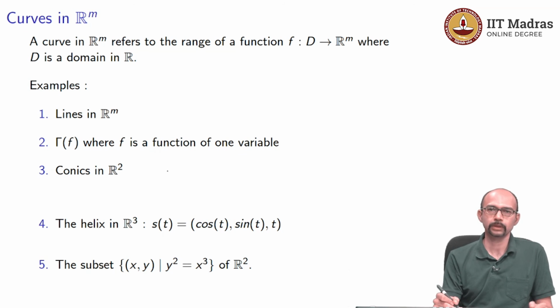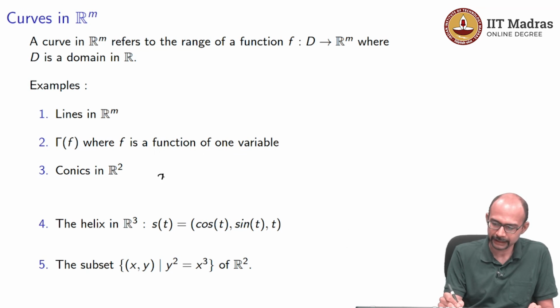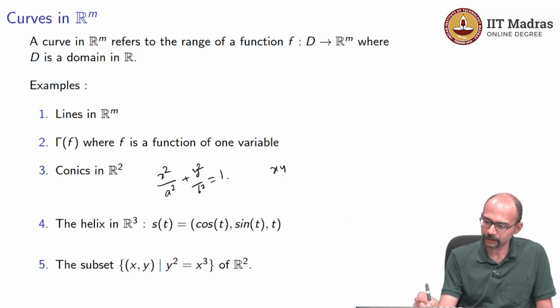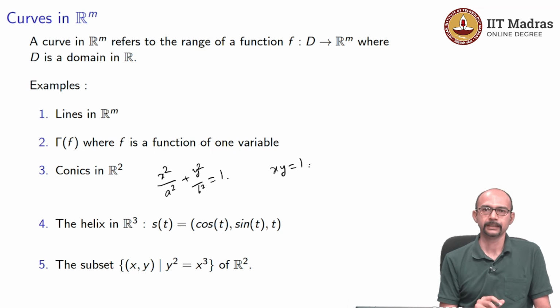So, conics in R2, let us give a couple of examples of that. So, one example is x squared by a squared plus y squared by b squared is 1. So, the ellipse, and a special case is when a is equal to b, that is the circle. So, x squared plus y squared is equal to a squared, or we have things like xy is 1. Okay.